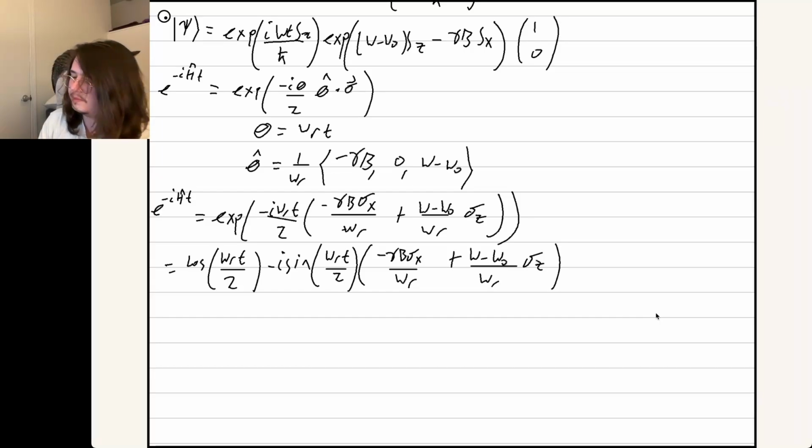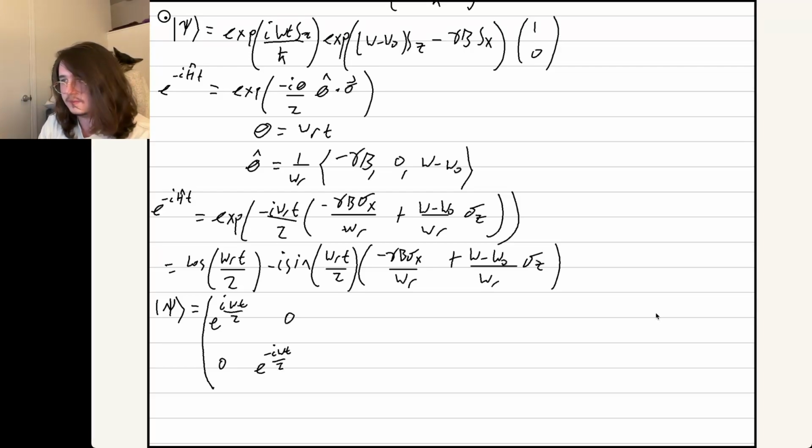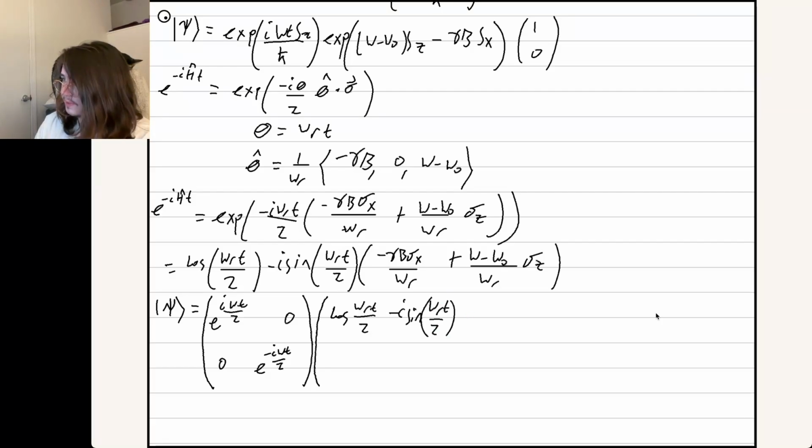So now, rewriting the time-dependent state equation in matrix notation, we can write it as e to the I omega t over 2, 0, 0, e to the minus I omega t over 2, multiplied by our time operator, which we just turned into a rotation. We're going to write it in matrix notation. So we're going to have cosine omega r t over 2 minus I sine omega r t over 2, multiplied by omega minus omega naught over omega r. That's the first diagonal term.